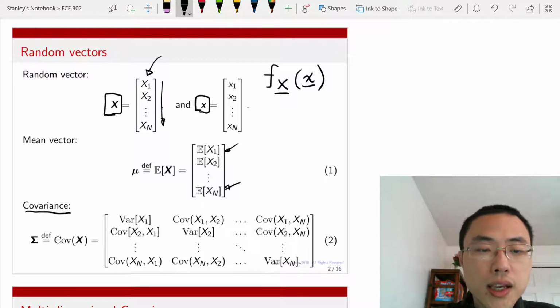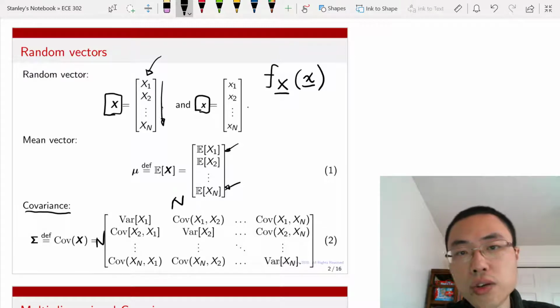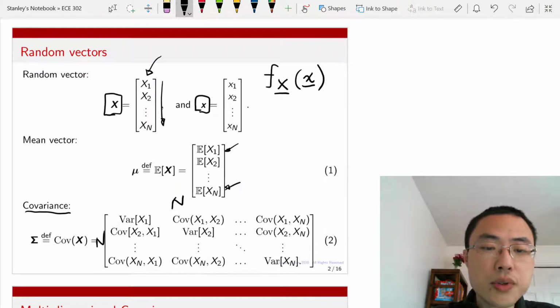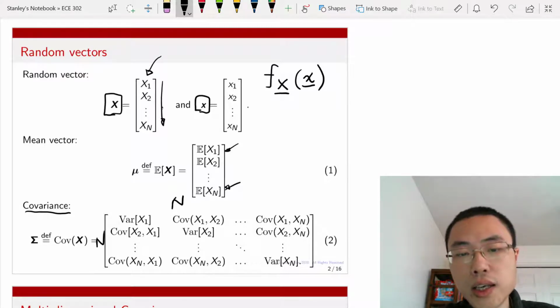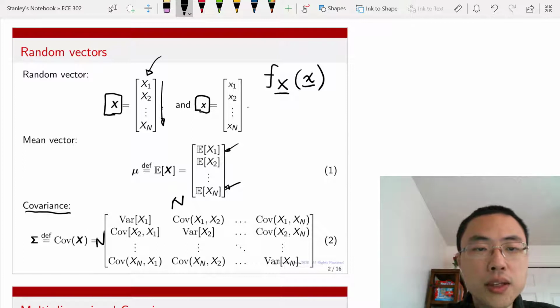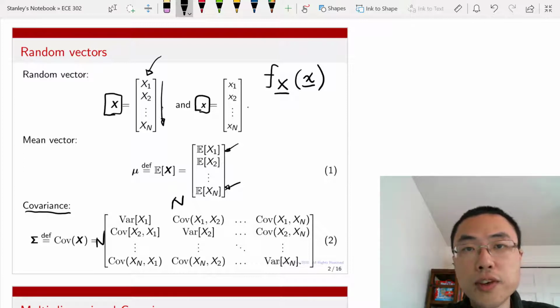You can define an n by n matrix where each entry denotes the covariance between xi and xj, where xi would be the ith element of your random vector, and xj would be another element of your random vector.